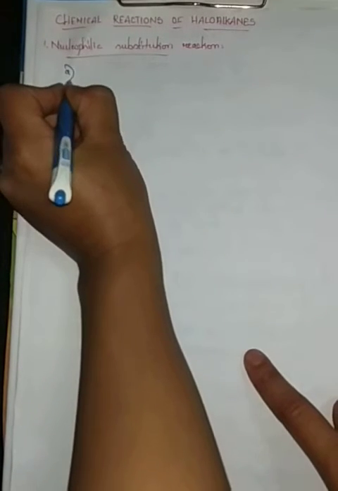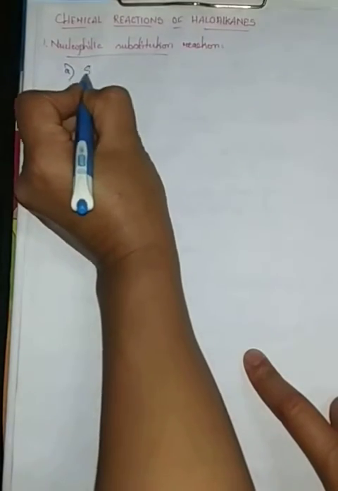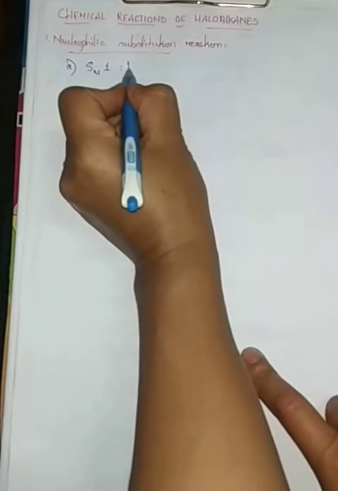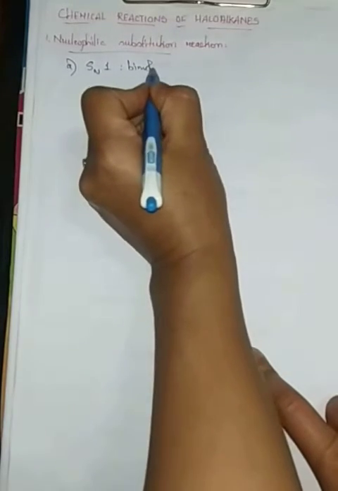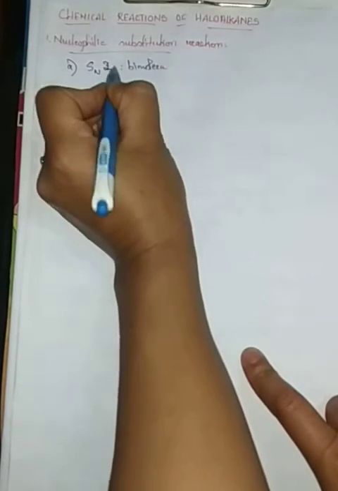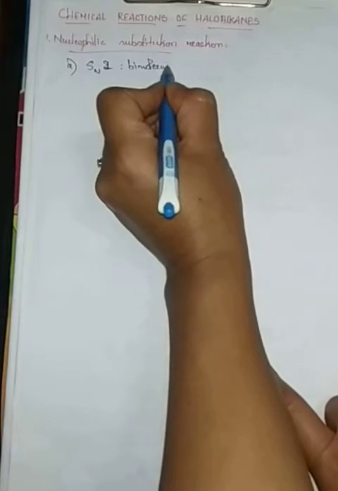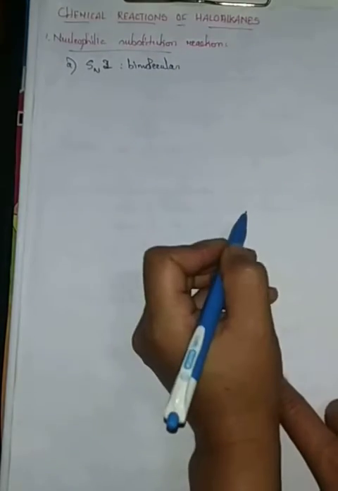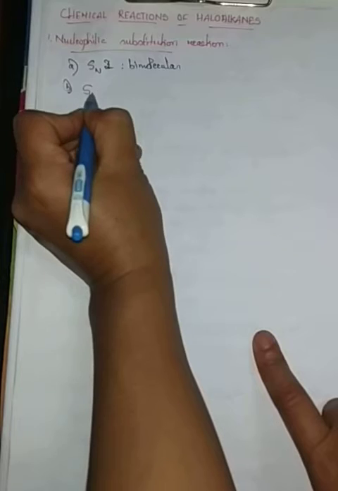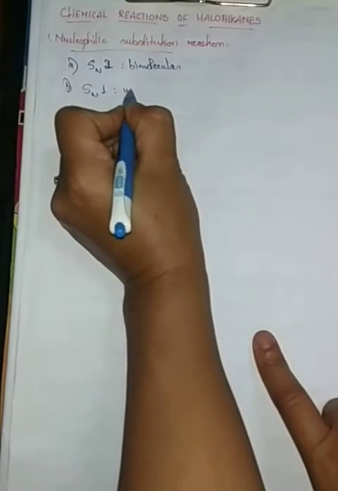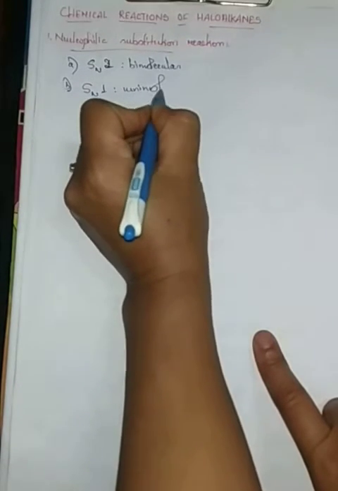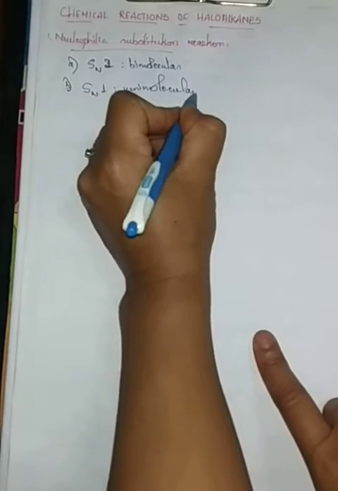The first one we will see here is the SN2, bimolecular nucleophilic substitution reaction, and the second one we'll be having is SN1, that is the unimolecular substitution reaction.